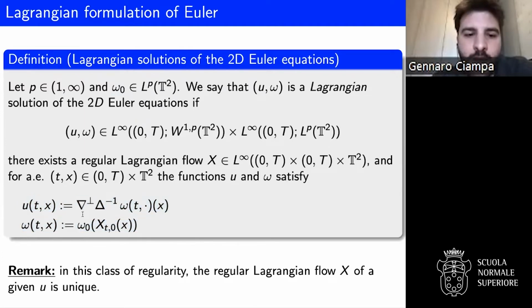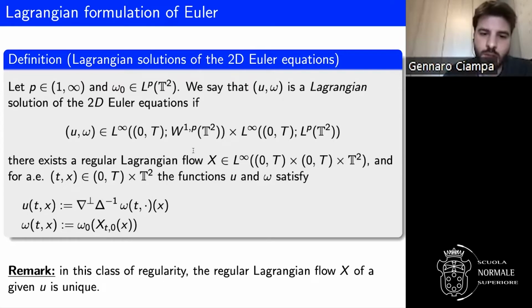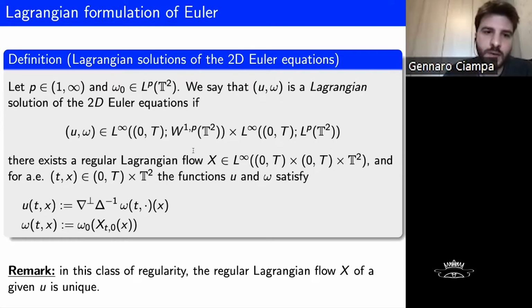So basically, we are not asking omega to be a distributional solution to the equation. We just impose this formula. And because of the DiPerna-Lions theory, since u is a Sobolev vector field, we can always define this kind of solution. Also, for a fixed velocity field u, its regular Lagrangian flow is unique.